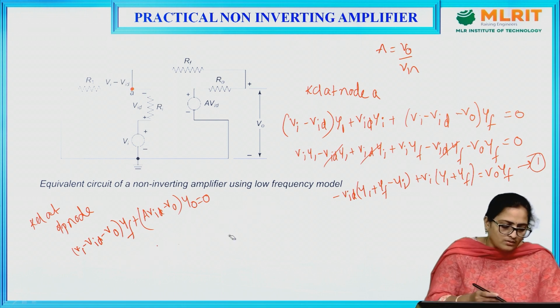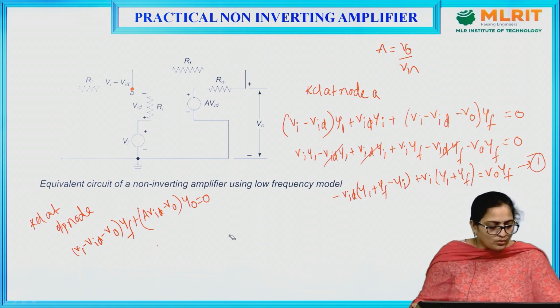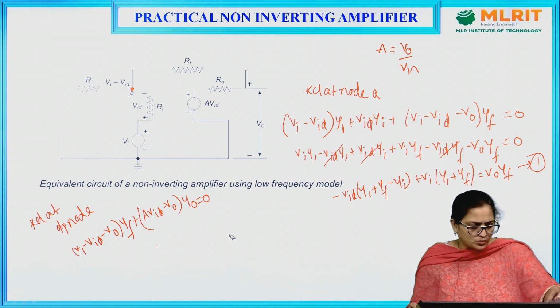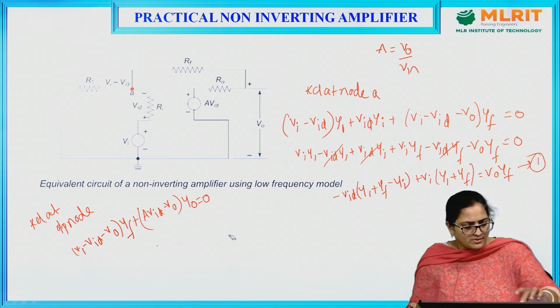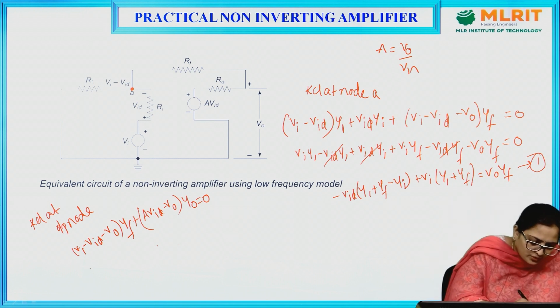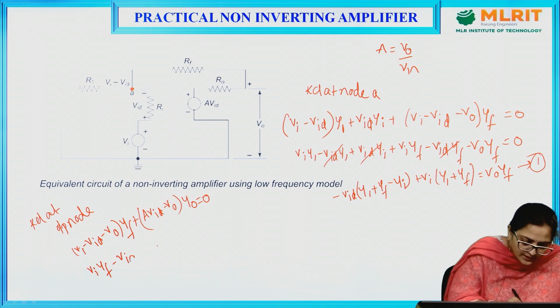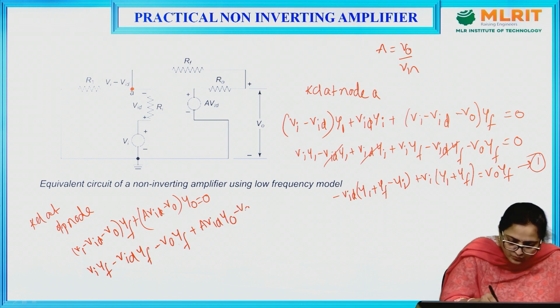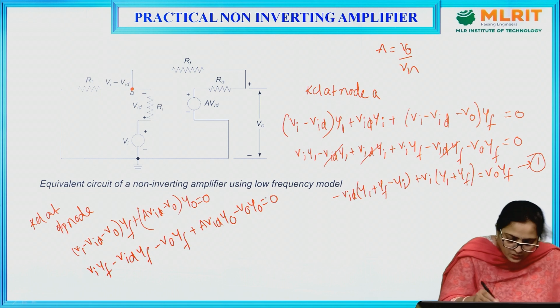So, by applying KCL at the output node, you will be getting it as VI minus VID minus V naught into YF and A VID minus V naught into Y naught. So, if you expand this, VI into YF minus VID into YF minus V naught into YF plus A VID into Y naught minus V naught Y naught is equal to 0.